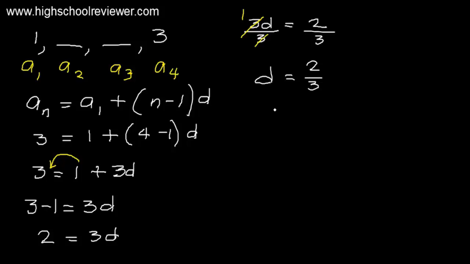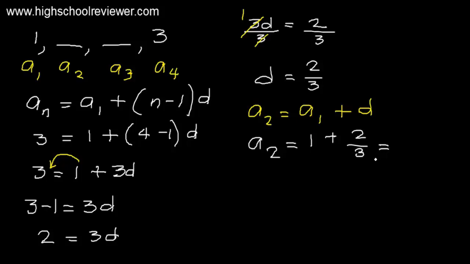Let us now find the value of a sub 2. So to find a sub 2, we will just add a sub 1 and the value of d. So a sub 2 here will be just equal to a sub 1 plus d. The value of a sub 1 is positive 1, so a sub 2 will be equal to positive 1 plus 2 over 3.